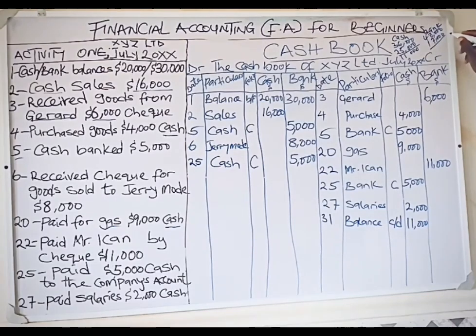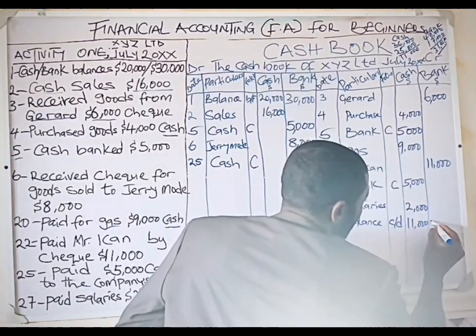Then you minus. 8 minus 7 is 1. 4 minus 1 is 3. So the balancing amount is 31,000, and we call it balance carried down. You put your $31,000 here.